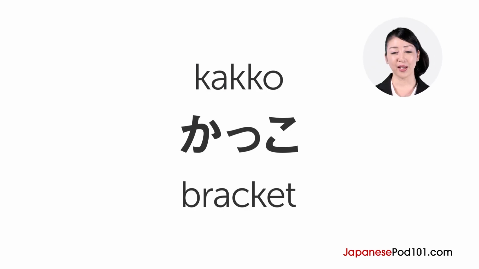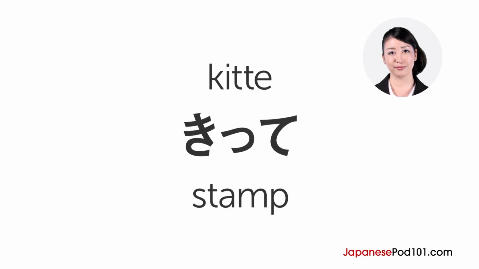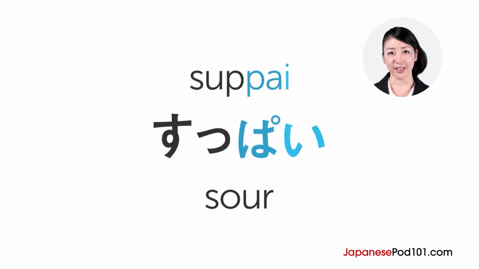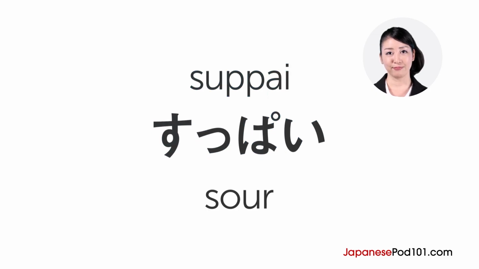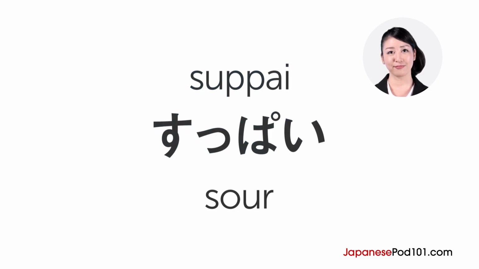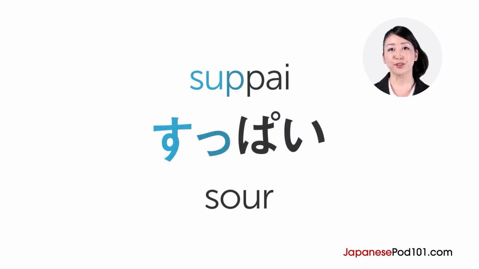Repeat after me. かっこ, 切手, 酸っぱい. 酸っぱい needs to be said in 4 syllables.